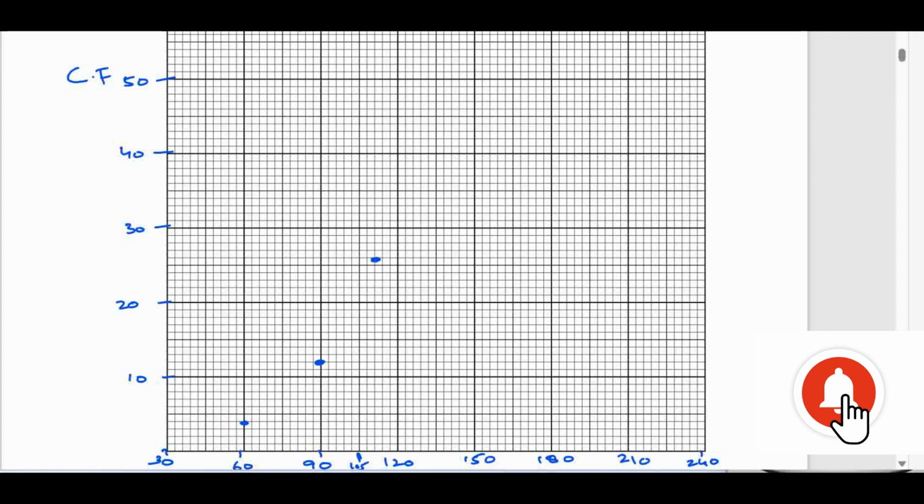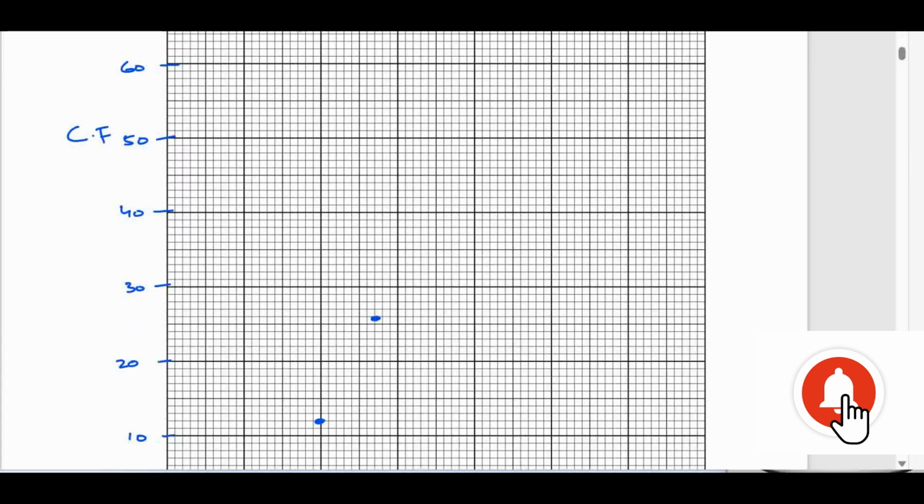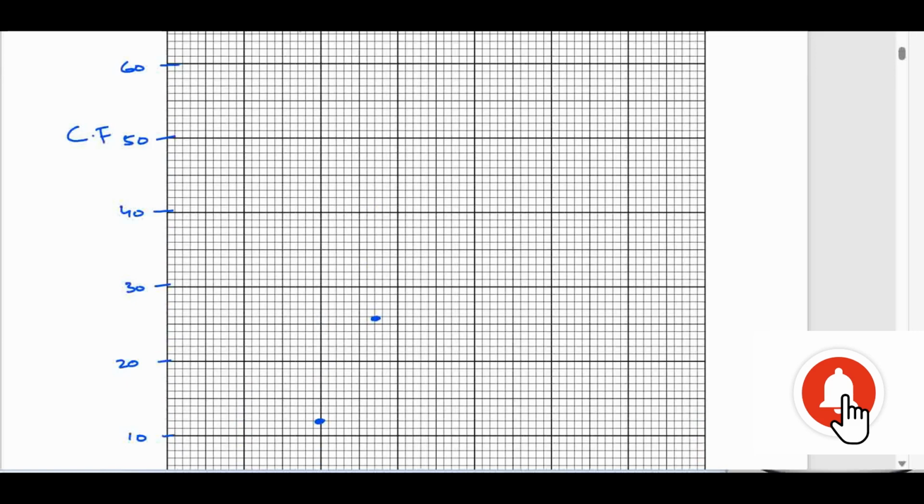Now let's see the next point. 110 is done, at 140 it's 51 and at 180 it's 58. So where will 140 be? This will lie somewhere here. So at 140 the cumulative frequency is 51, so this will lie here.